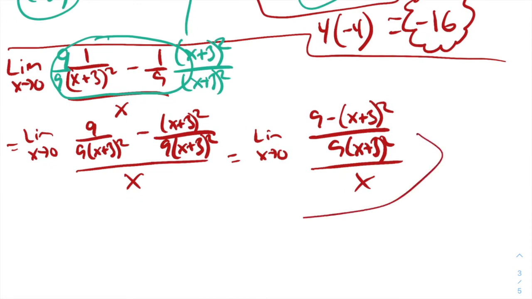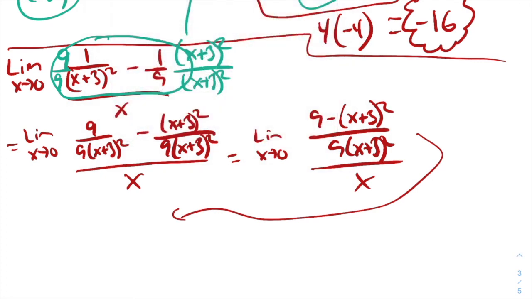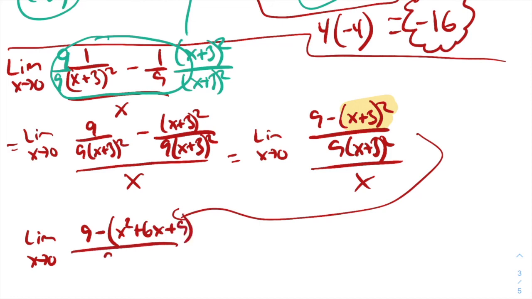So what I'm going to do is expand the numerator, this x plus 3 quantity squared, to allow some things to cancel. So I have the limit as x approaches 0 of 9 minus, well, if we expand, that's going to be x squared plus 6x plus 9, and that's still being divided by the 9 times quantity x plus 3 squared, all being divided by x.